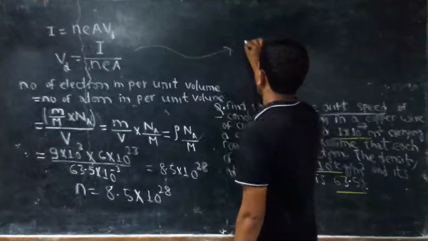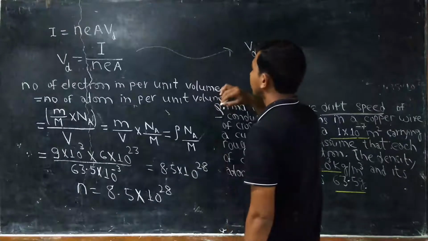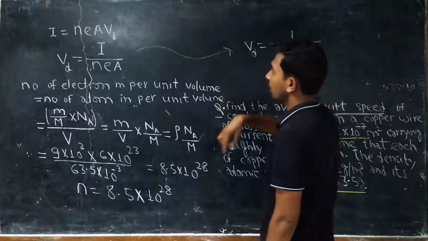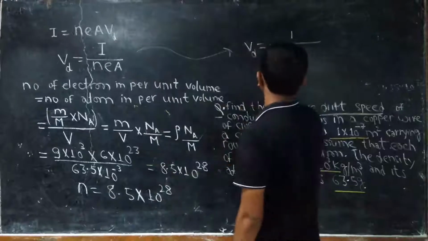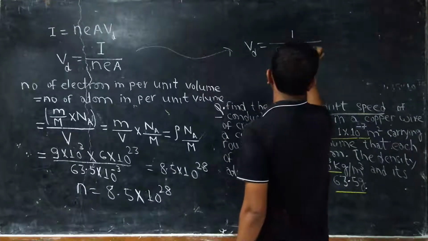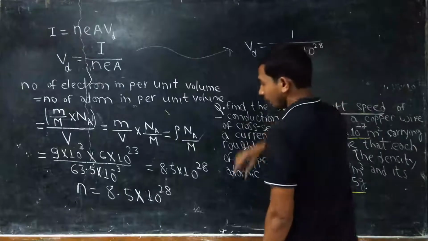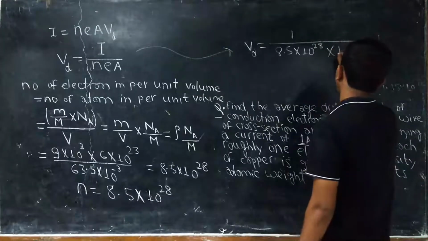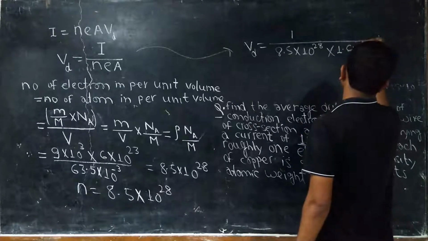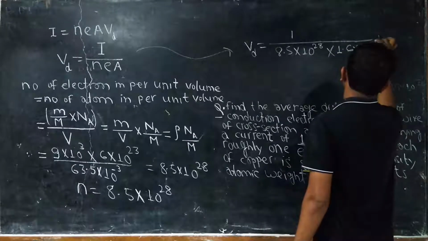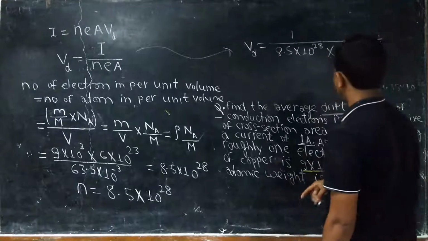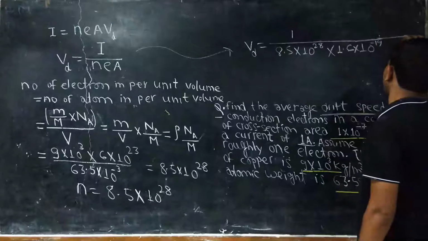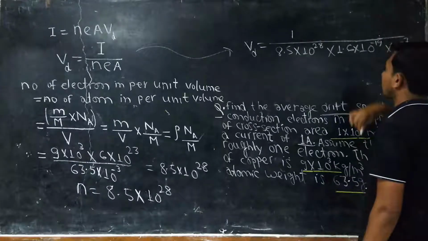So now I am writing here Vd is equal to I, which is 1 ampere, n is 8.5 into 10 to the power 28, and next e is the charge on one electron, 1.6 into 10 to the power minus 19. And area is also given in the question, 10 to the power minus 7.